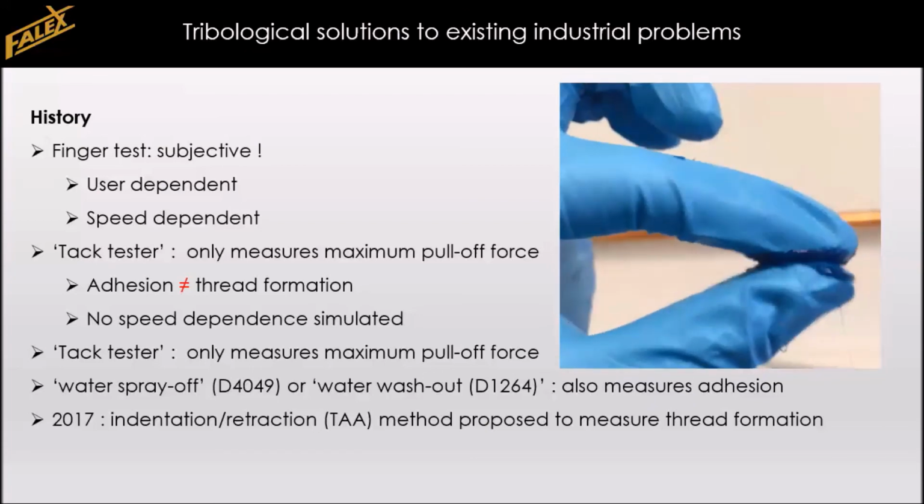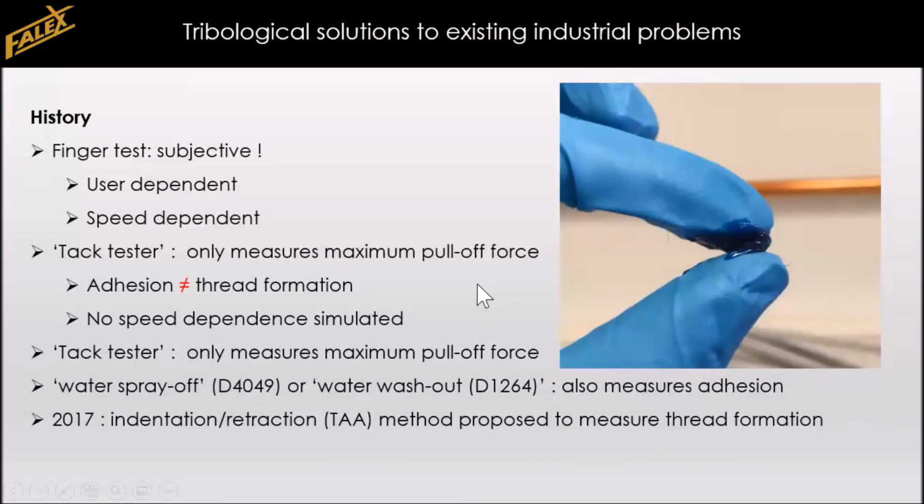When you separate your fingers faster, you tend to get longer threads. So all these factors together have inspired us to look for a quantitative method and to try to simulate this finger test, this indentation and retraction that you are doing, but to actually measure what is going on.